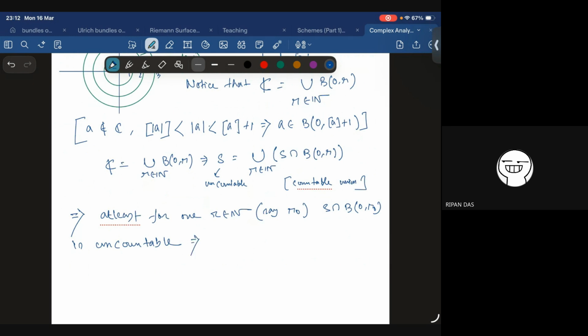Yeah. This implies S intersection B0R naught is an uncountable, hence infinite subset of B0R naught.